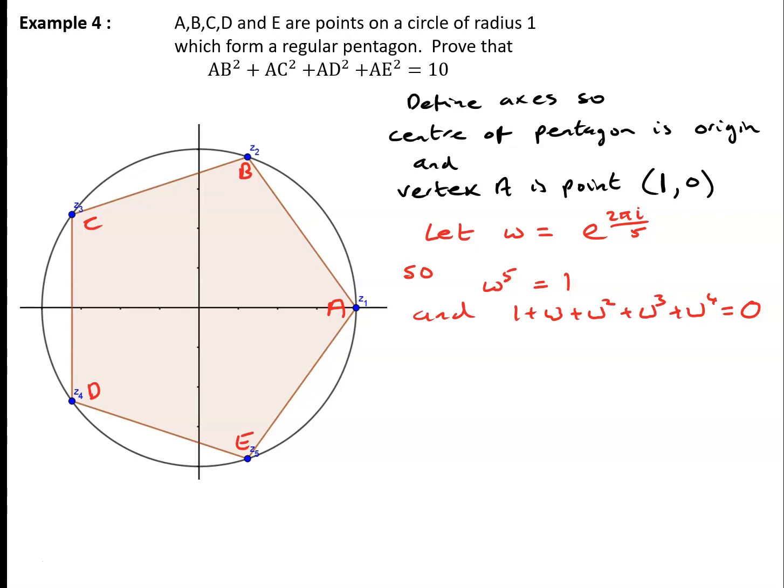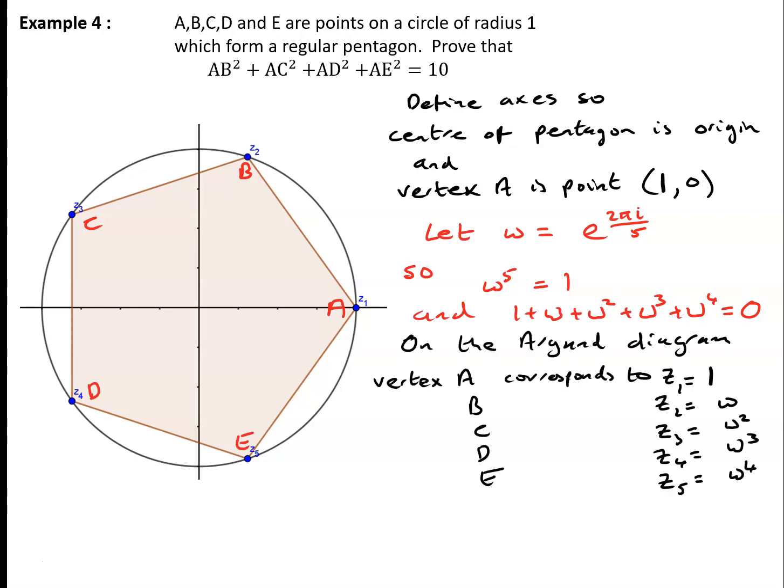So, if omega is e to the 2 pi i by 5, then on the Argand diagram, omega is represented by B on the diagram. Omega squared is represented by C, omega cubed is represented by D, and omega to the 4 is represented by the point E, and the point A represents the complex number 1.